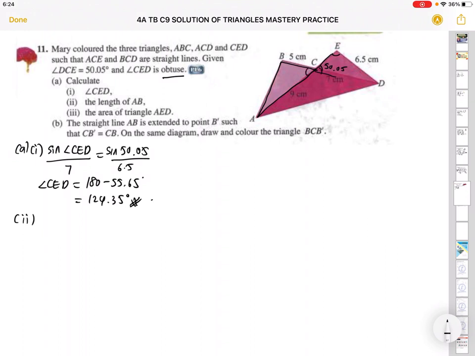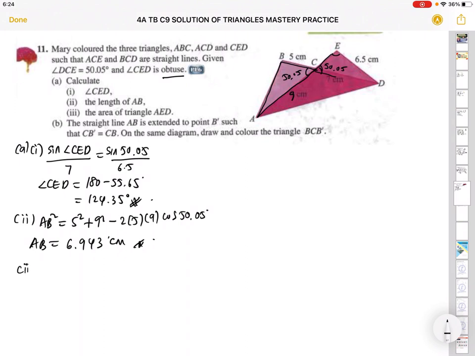So AB square is 5 square plus 9 square, minus 2 times 5 times 9 cos of the angle between, 50.05. So AB, I've got 6.943 in cm.